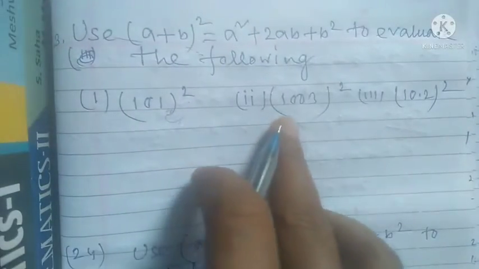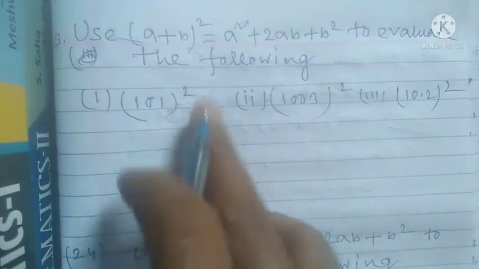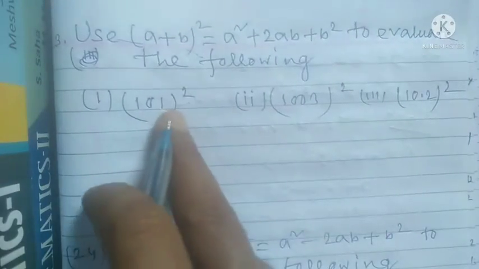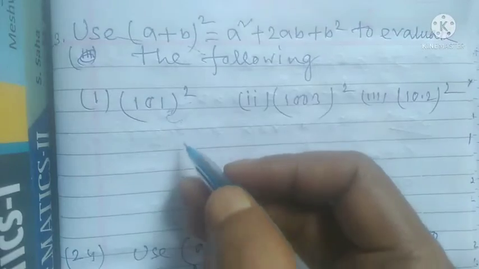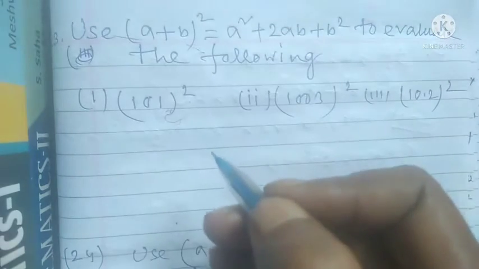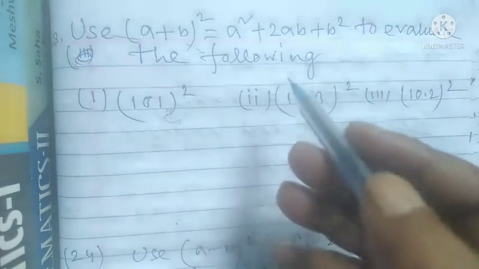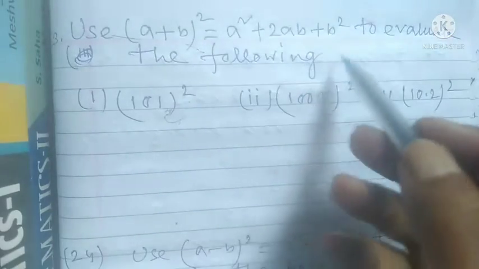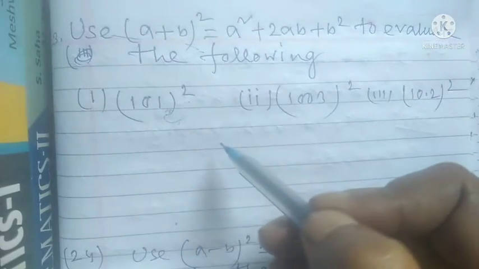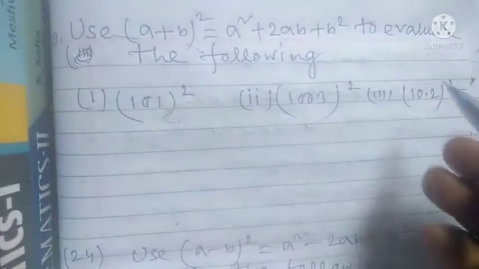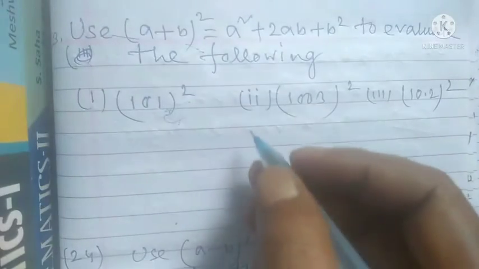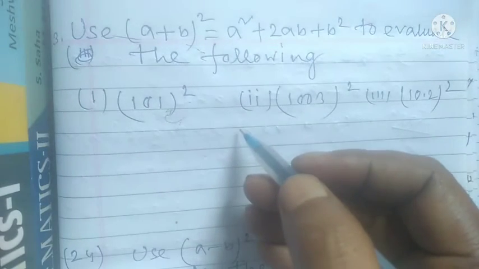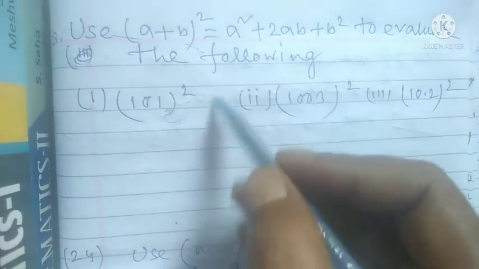So my dear students, here there is no variable, only numbers, but you have to apply this formula. Without the formula, if you calculate, your answer will be wrong. So my dear students, I am requesting you: you should not do normal multiplication, you have to apply this formula.